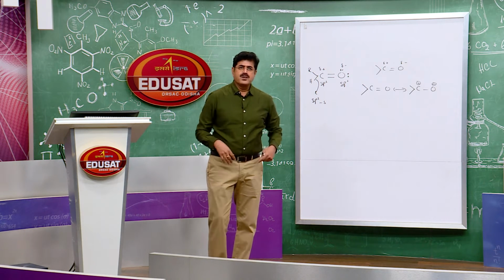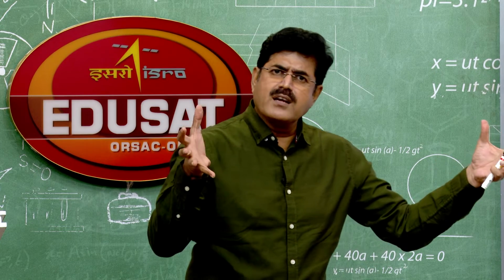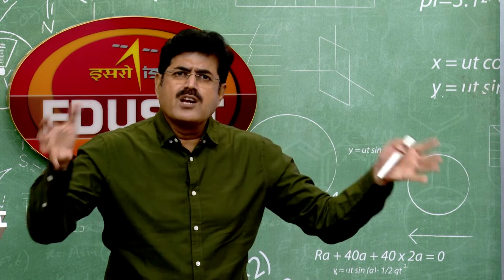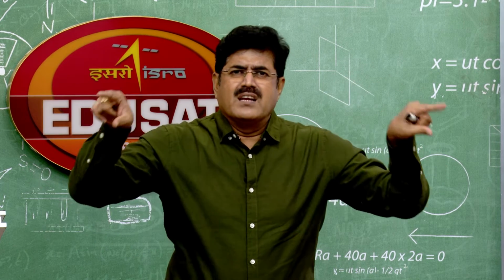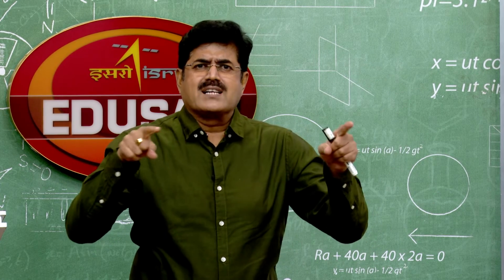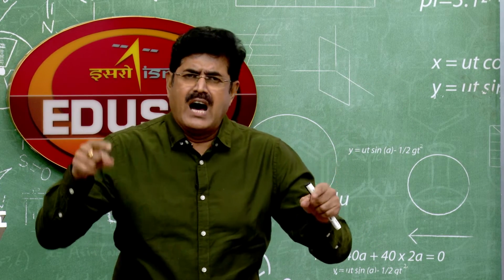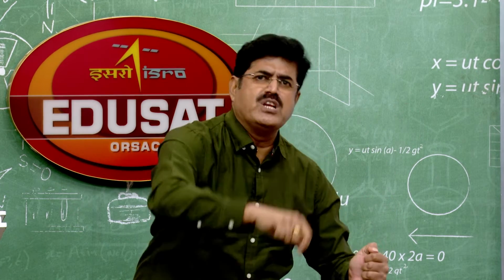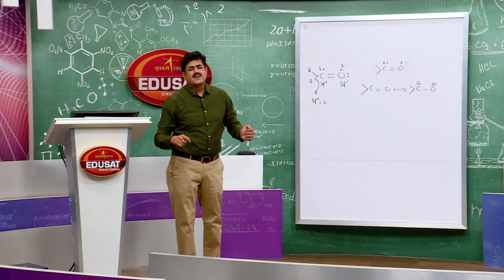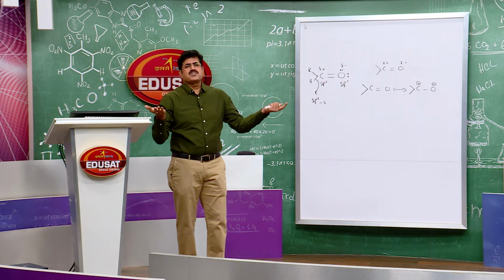Coming to the steric factor. In ketones, there are two alkyl groups, and alkyl groups are bulkier in size. Because of the large size, the electron cloud hinders the approach of the nucleophile. That is the steric effect, because of which ketones are less reactive.